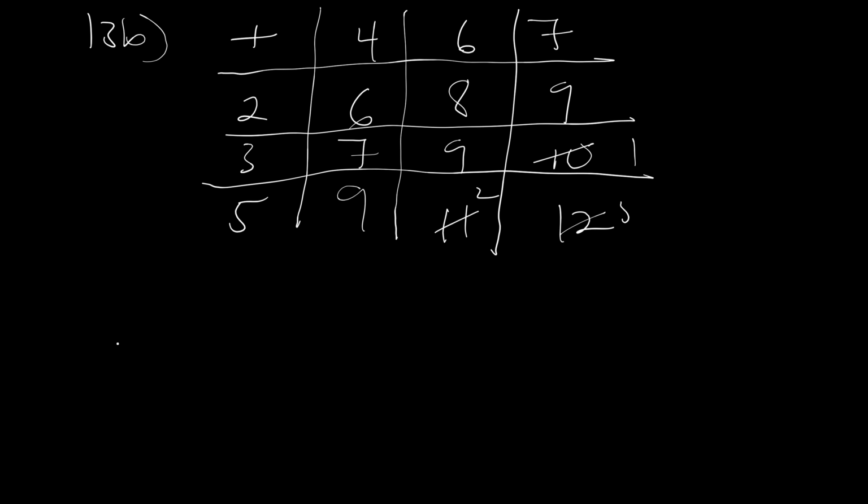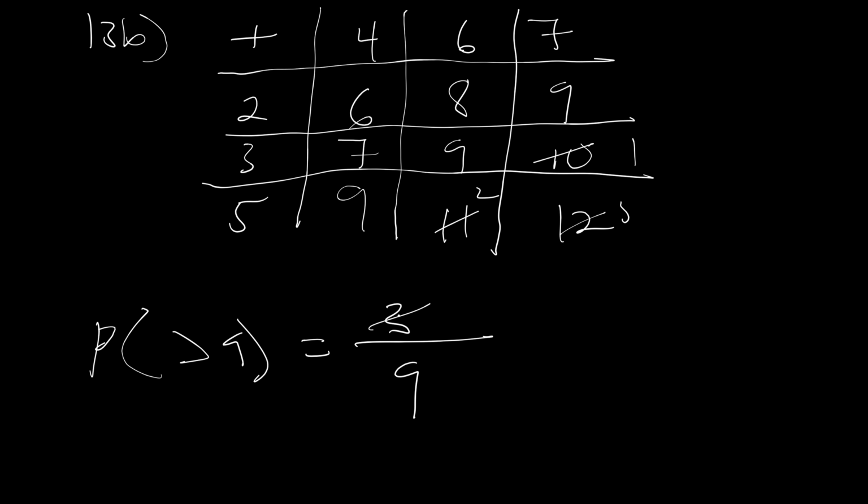So the probability that the sum selected is greater than 9 is equal to the number of events, which is 3, because there are 3 sums that are greater than 9, over the total number of outcomes, 1, 2, 3, 4, 5, 6, 7, 8, 9. So 9. Now 3 goes into 3 once, and into 9 three times. So our probability will be 1 over 3. So this brings us to the end of question 13B and to the end of our 2019 Nov-Dec Commerce Theory questions.